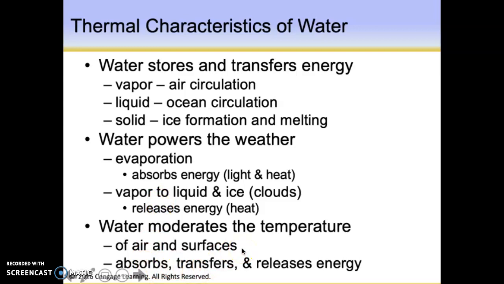This actually helps moderate the temperature of the Earth because the sun's energy hitting the Earth's surface is then absorbed by water, which turns into vapor. Or if you're near a large body of water like a lake or an ocean, that's also going to absorb that energy and prevent a very large change in temperature.